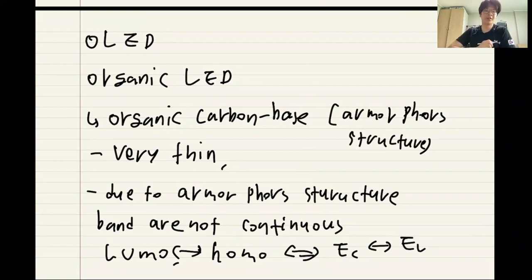Due to the amorphous structures, the bands are not continuous. So, similar to the semiconductor, the concept of the conduction band is LUMO and the valence band is HOMO.